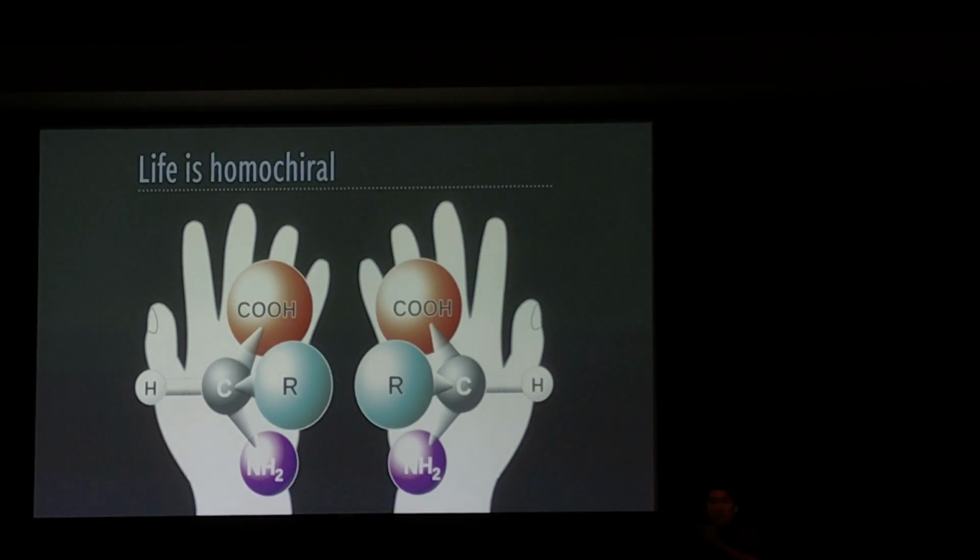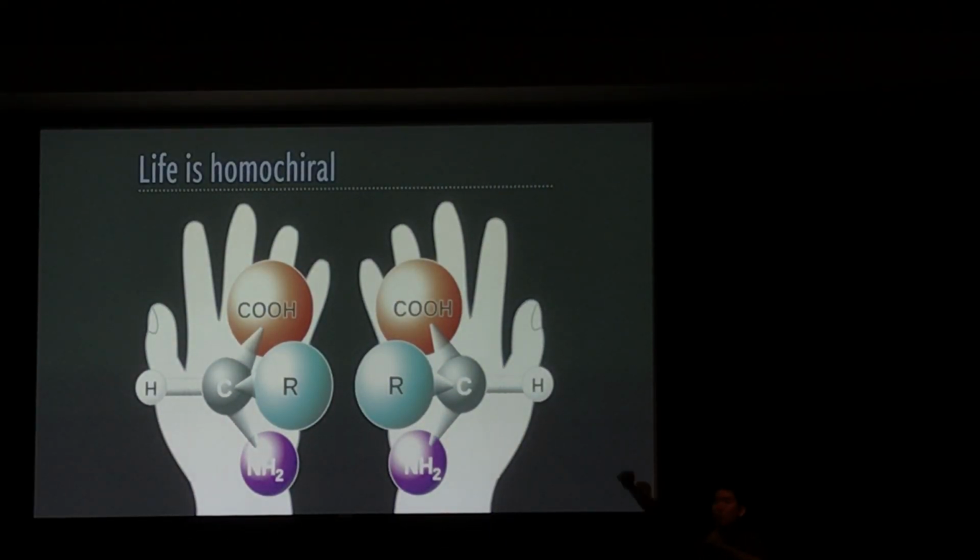Also, life is highly chiral, or homochiral. That means that we use only left-handed amino acids in biology here on Earth, and only right-handed sugars. Okay? And it may be that some alien life form uses right-handed amino acids and left-handed sugars, but if we find a mixture of organics on some other worlds, like in a sample from Enceladus, and it's purely one-handedness of one class of molecule, that is very indicative of something puzzling going on, probably of life.